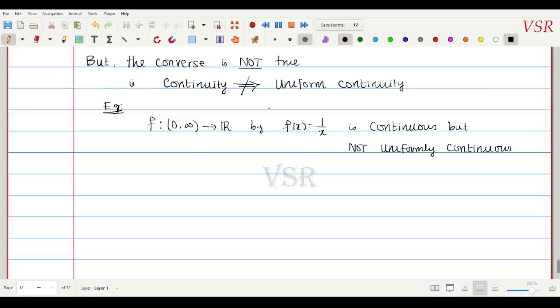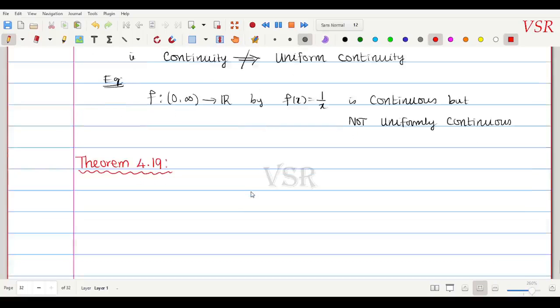Okay, so this leads to the next theorem, 4.9. Theorem 4.9. We write the statement.